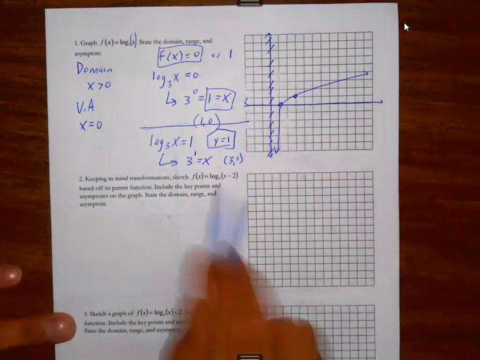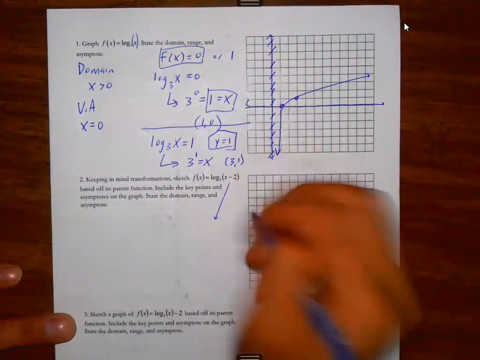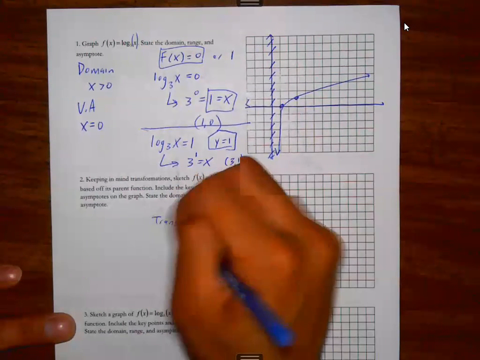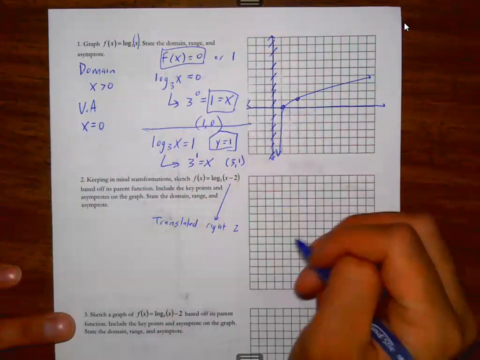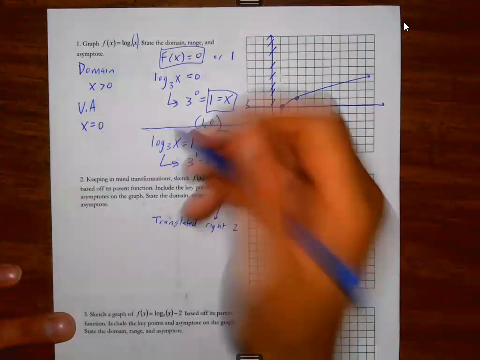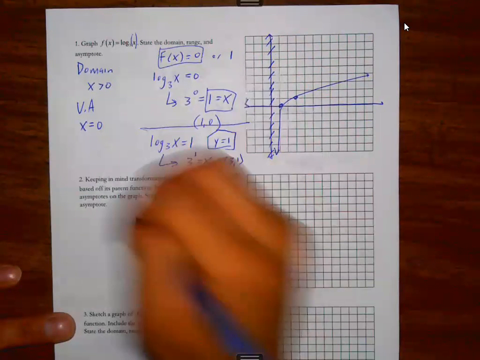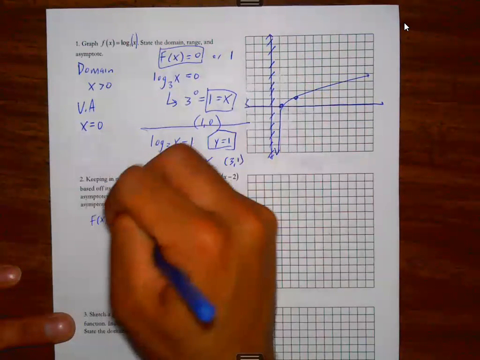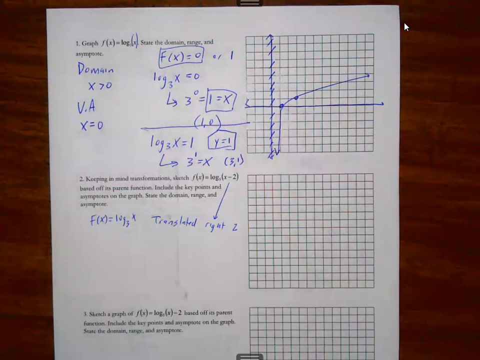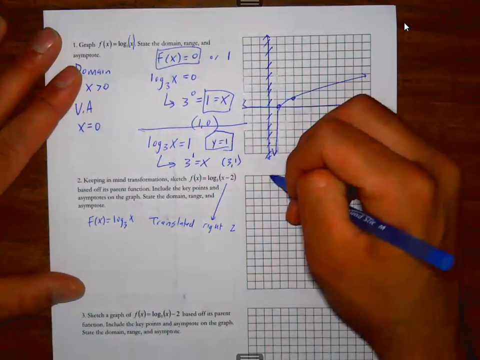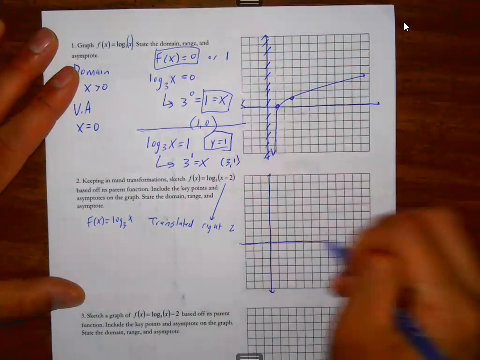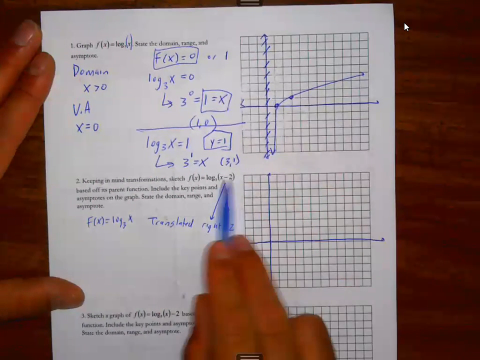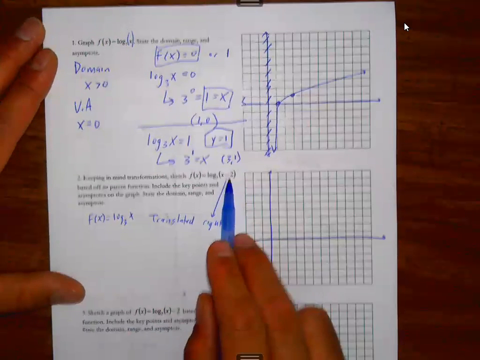So this is going to be f of x equals the log of x base 3 translated to the right 2. So if we just draw the same y-axis and x-axis, the only transformation that occurred was a translation right 2.